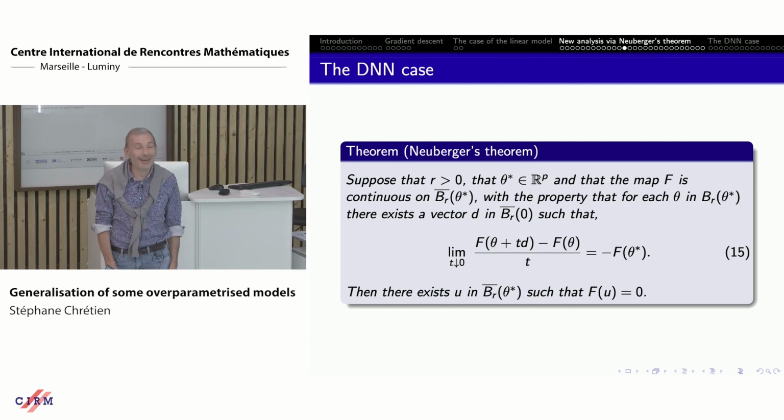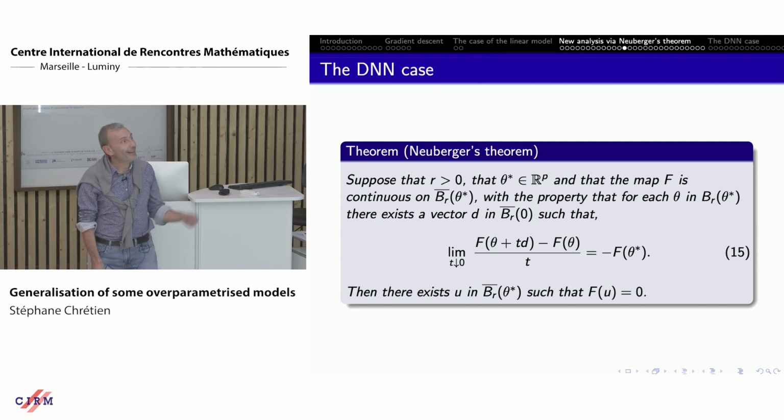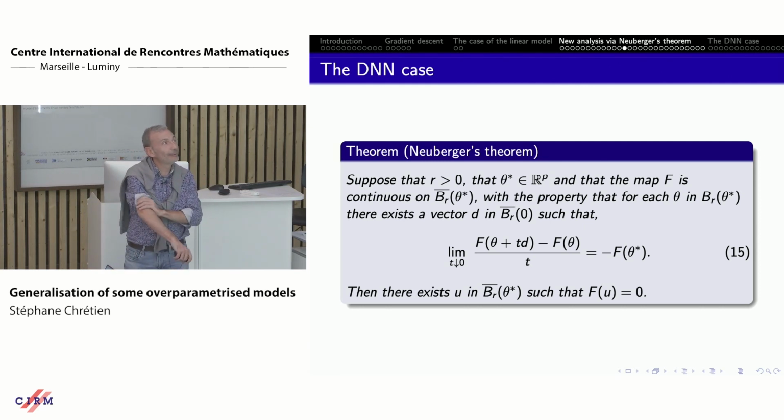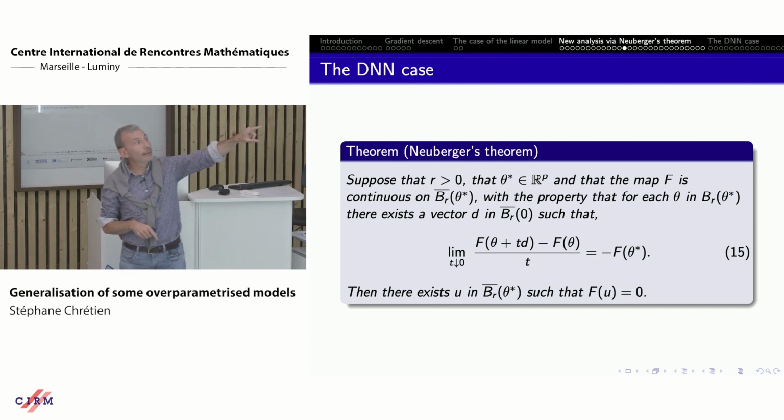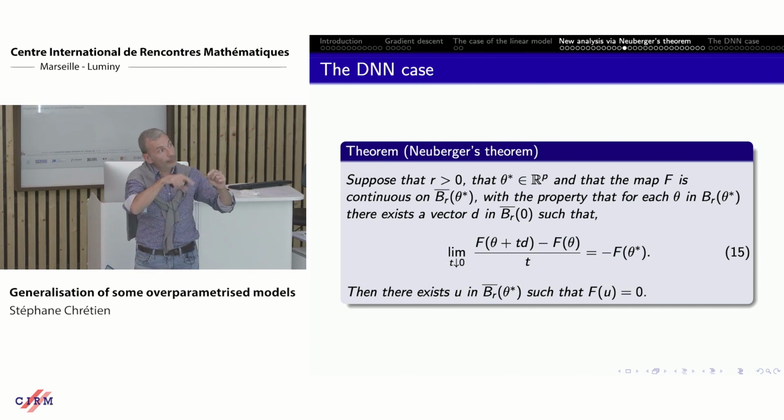I will do it again. Sorry. So you start from the truth. You start from theta star, okay? And around theta star, you're looking for a ball of a certain radius r, and you don't fix r, okay? Now, in that ball, you try to solve that system for all theta in that ball. You try to find a d depending on theta.